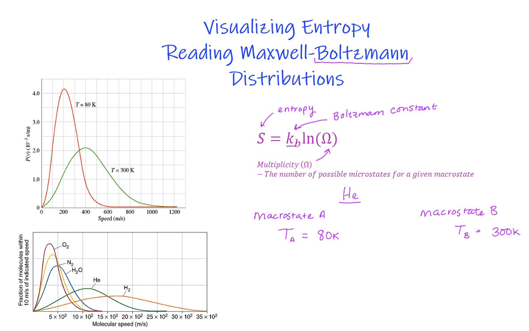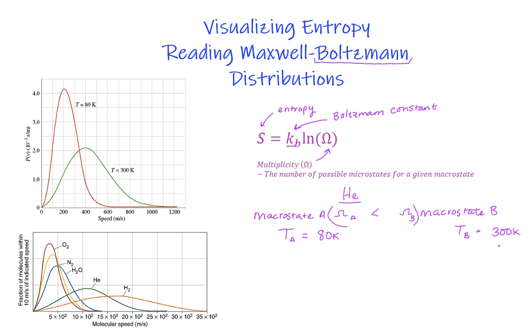And if you go back to watch the introduction to entropy video, and you look at the idea of the multiplicity of these systems, what we see is that the multiplicity of macrostate A is less than the multiplicity of macrostate B. And the reason for this is because of the movement of the particles within the system.